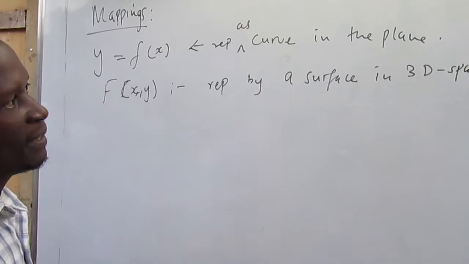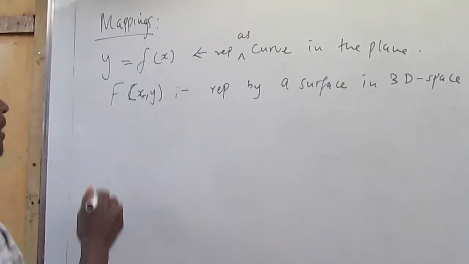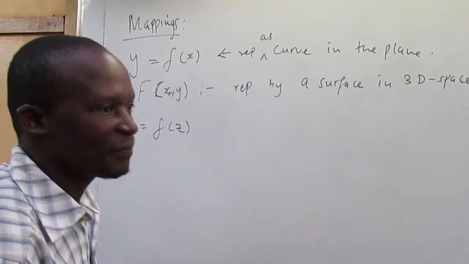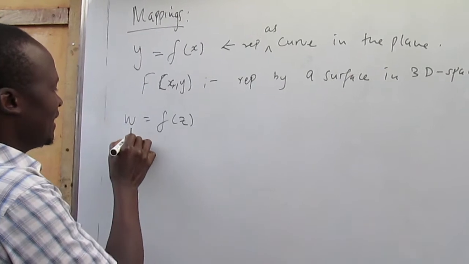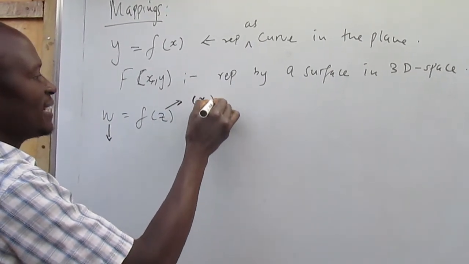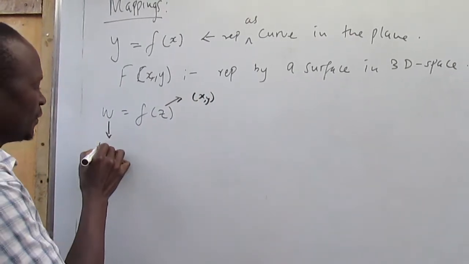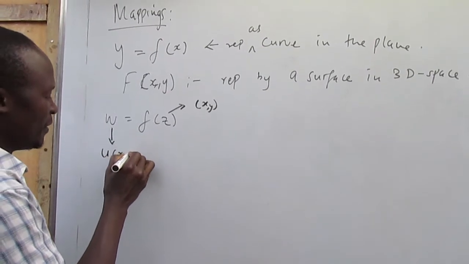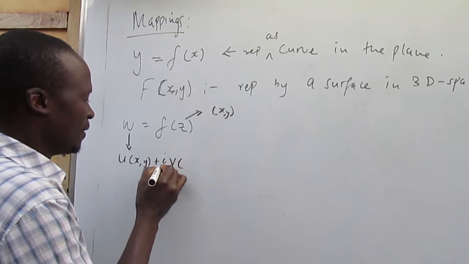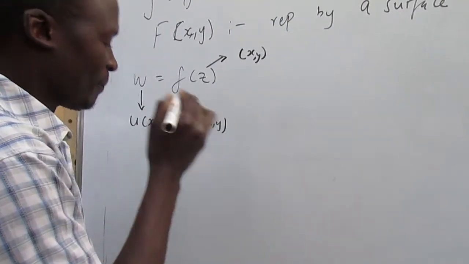So now I want to think of a similar way of representing a complex valued function. So suppose we have a function w is equal to f of z, then this is a function of x and y because z is equal to x plus iy, and this function w we've seen before is expressible in the form u of x y plus i v of x y.